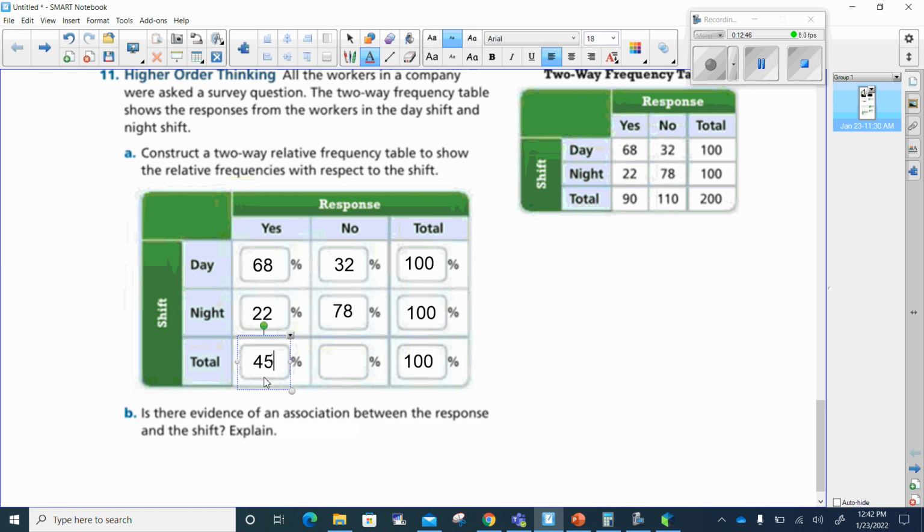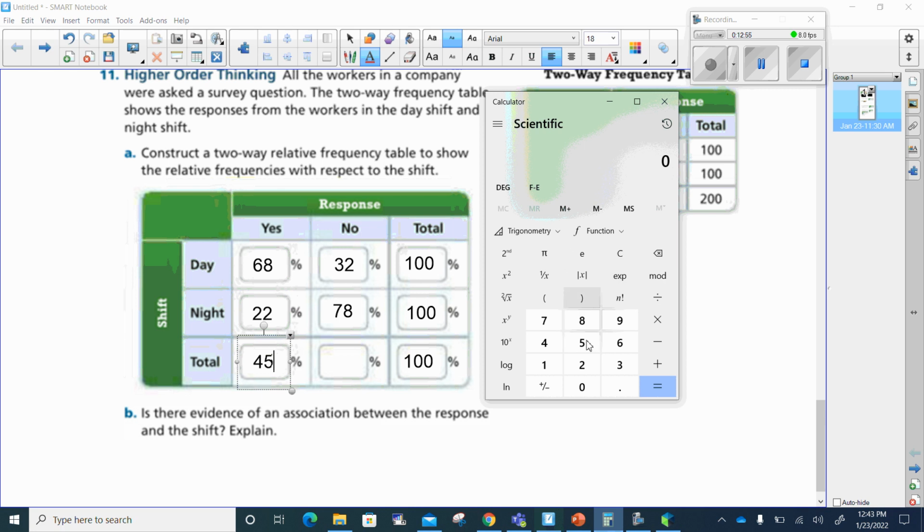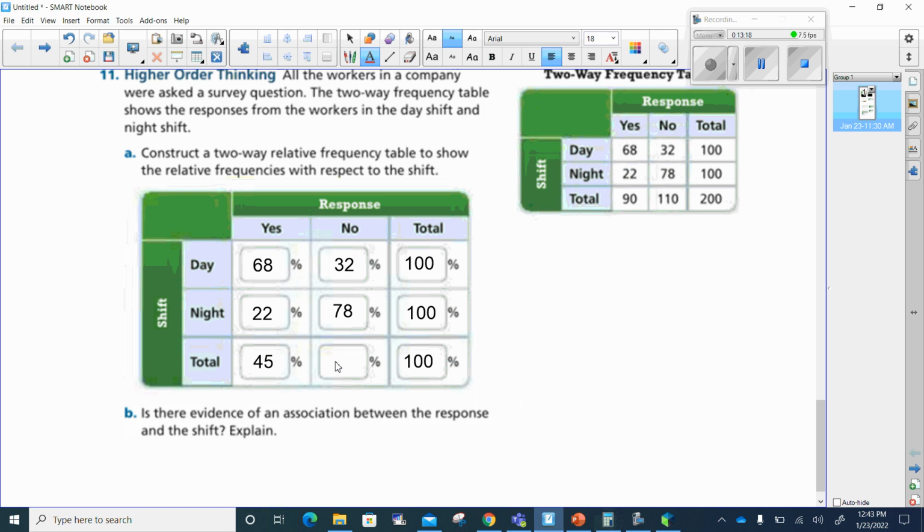That makes this easy because if this is 45, the rest of it must be 55. And we could double check it. 110 divided by 200. There you go. We'll move that over to be 55%.